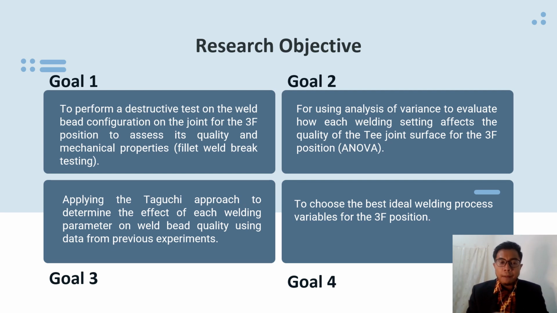Number three is applying the Taguchi approach to determine the effect of each welding parameter on the weld bead quality using data from the previous experiment. And number four is to choose the best ideal welding process variable for the 3F position on the robotic GMAW.